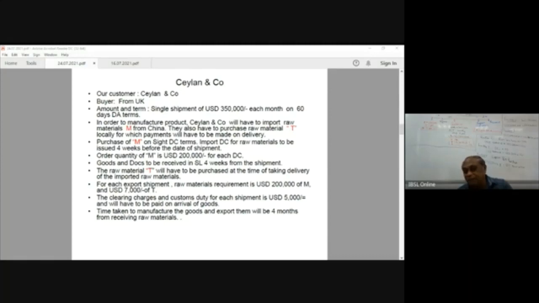But if it is a collection, even if they send us the acceptance direct, what's the use of it? On the due date, if they are not paying, what's the use of it? They will only send us a message saying that the customer has not paid. Meanwhile, we have granted the facilities.